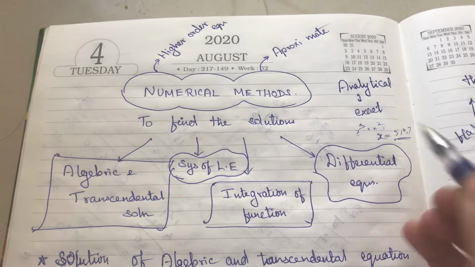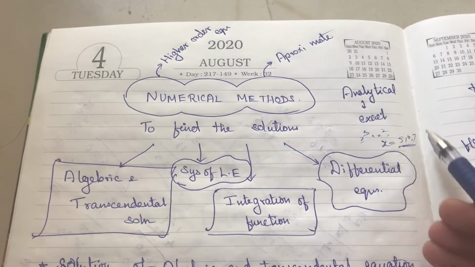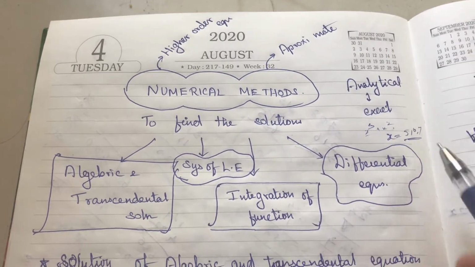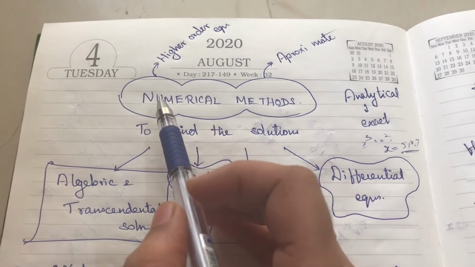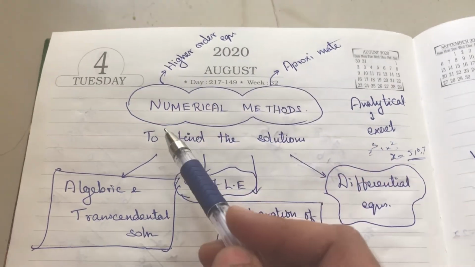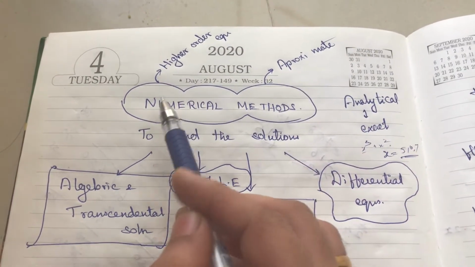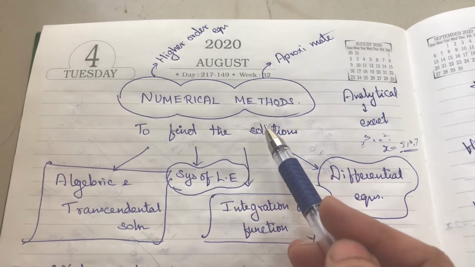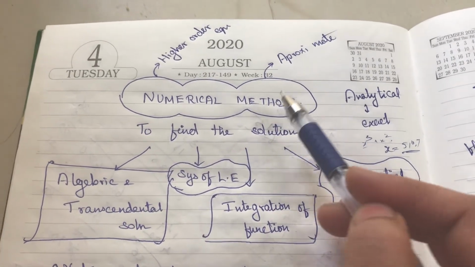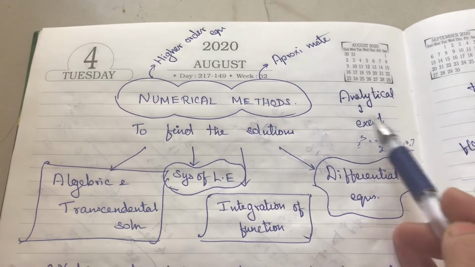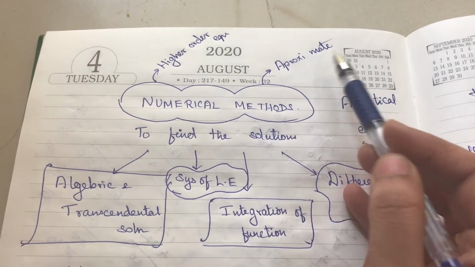The analytical method will give the exact values of x, but for higher order equations, numerical methods are used. But this method does not give exact values, actually it gives approximate values.